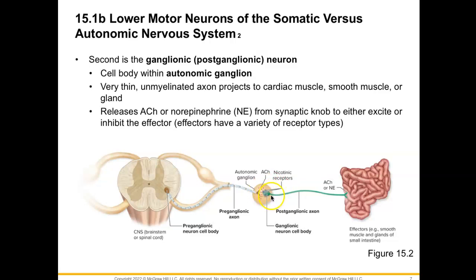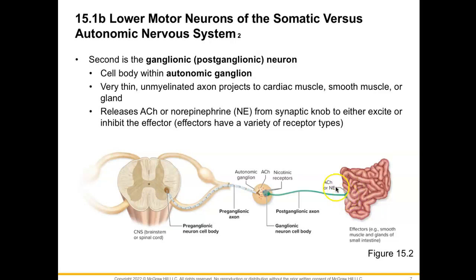And you can notice that this neuron is unmyelinated. So you could see the myelin sheaths here on this preganglionic neuron, whereas here on the postganglionic neuron, it is no longer there. And it'll extend over to project its signal to either cardiac muscle, in this case, smooth muscle within the intestines, or a gland.